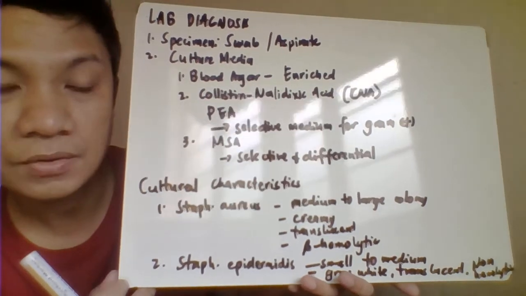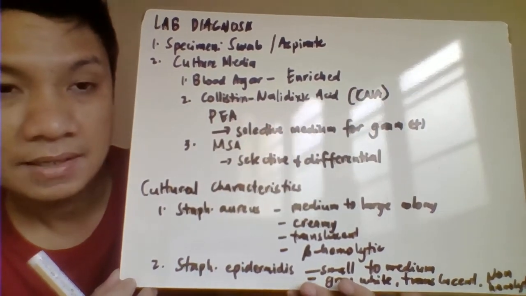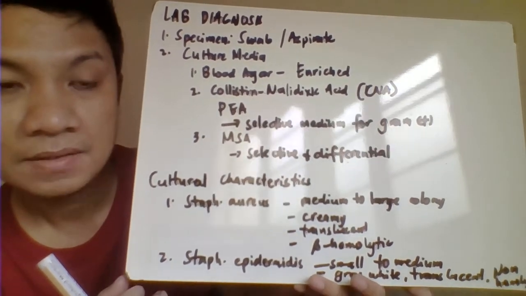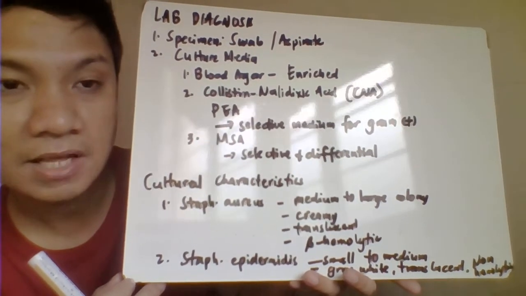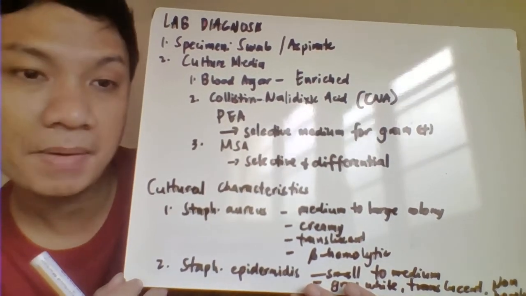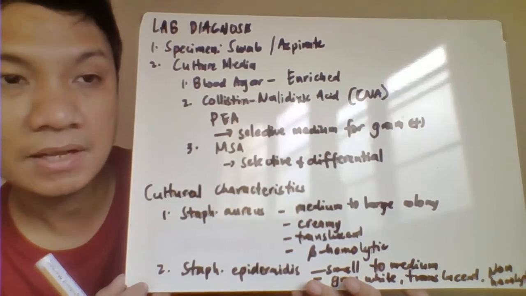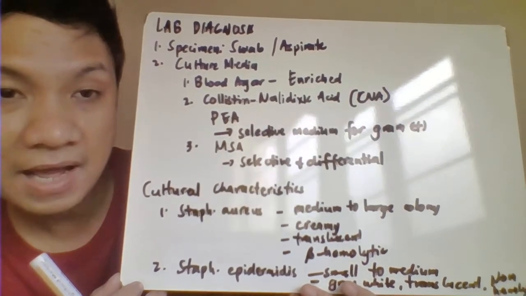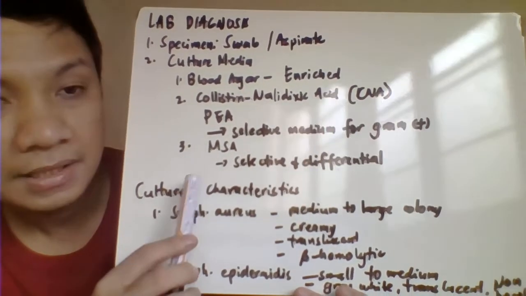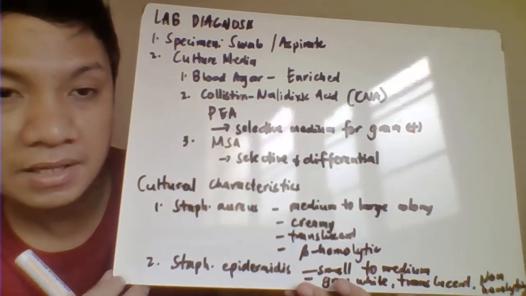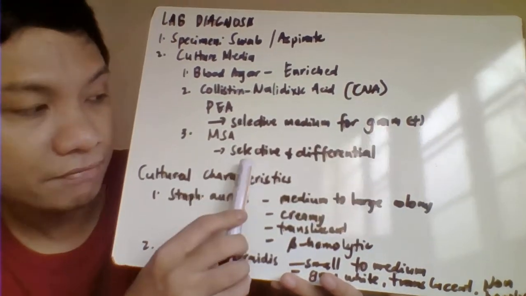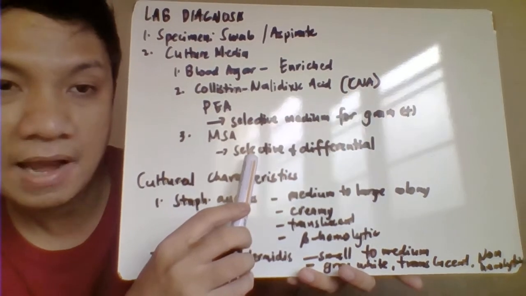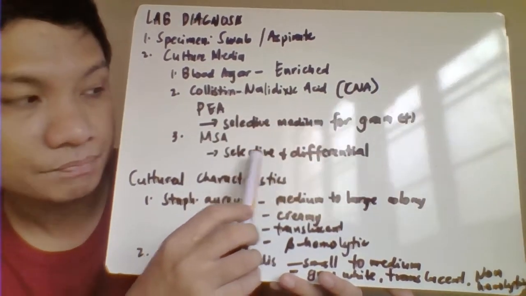That one is considered a selective media. Selective media basically allows the growth only of gram-positive organisms like your staph, but not gram-negative organisms. Then we have your MSA, mannitol salt agar. It's selective because it only allows the growth of staphylococcus.